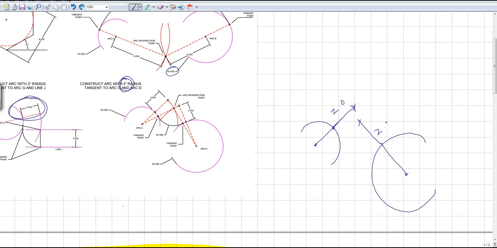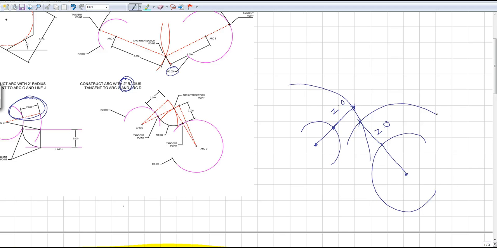All I need to do now is draw my arcs, putting the sharp, pointed edge of my compass right here, and make my arc go like that. Same thing I would do, put the sharp edge right here and draw my arc going parallel to that arc.